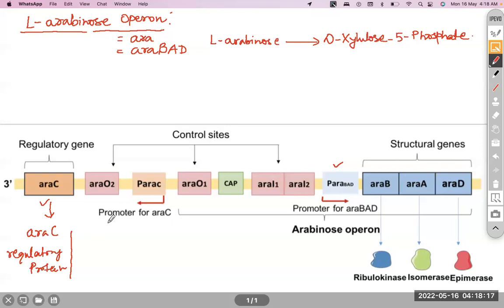You have already studied it, the CAP-cyclic AMP complex. In lac operon, you have seen CAP stands for catabolite activator protein. The complex of catabolite activator protein and cyclic AMP also regulates the expression of araBAD genes. We will discuss this in more detail when we teach its regulation, this is just an overview. AraC is sensitive to the level of arabinose and it plays a dual role.